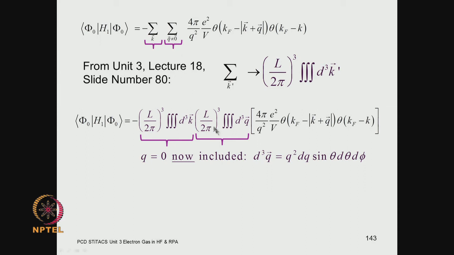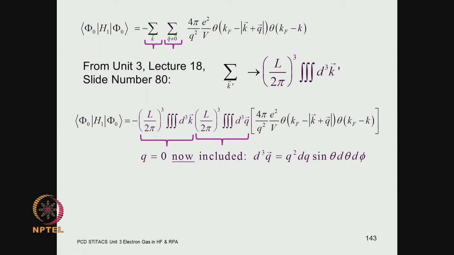right. Now, we do not have to worry about it, because the 1 over q square is what would cause the divergence, right. Now, when you do the integration, you are not worried about it, because you have got the q square dq in the volume element, and that q square will cancel this 1 over q square.